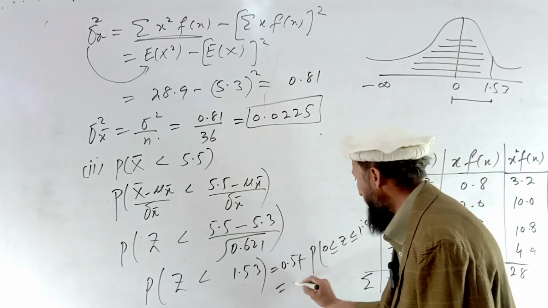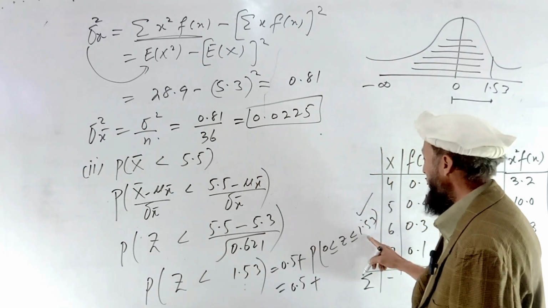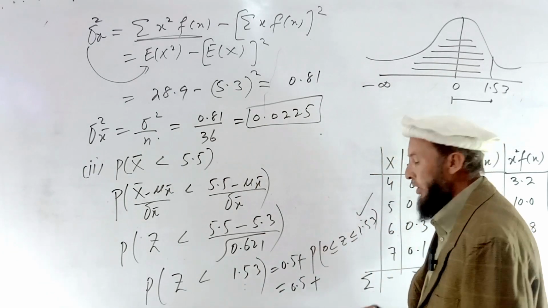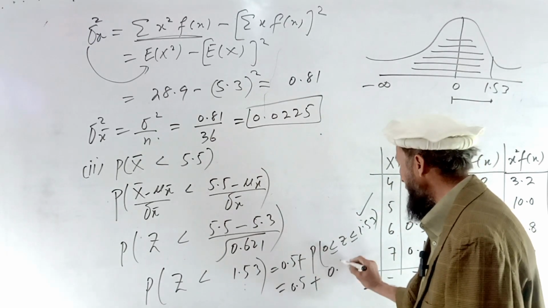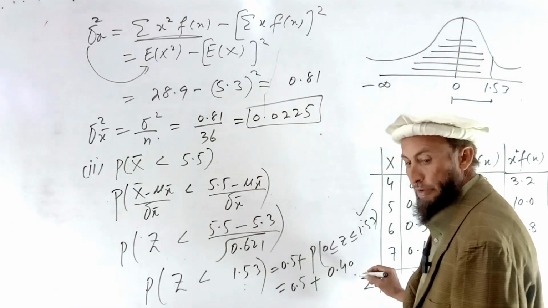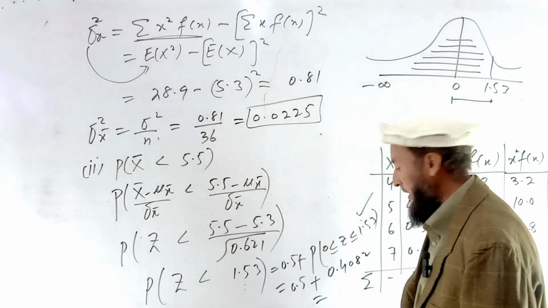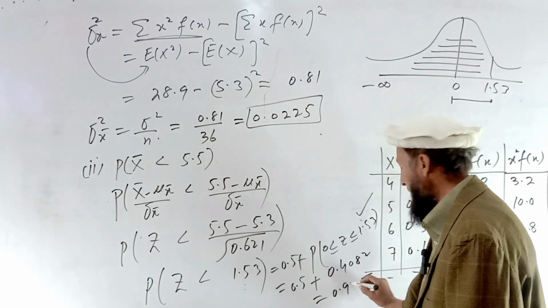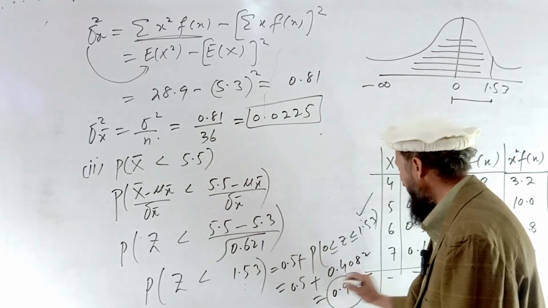We check the table of the standardized variable: row 1.5 and column 0.03. The value is 0.4082. If we add this result, we get 0.9082, which is the required result.